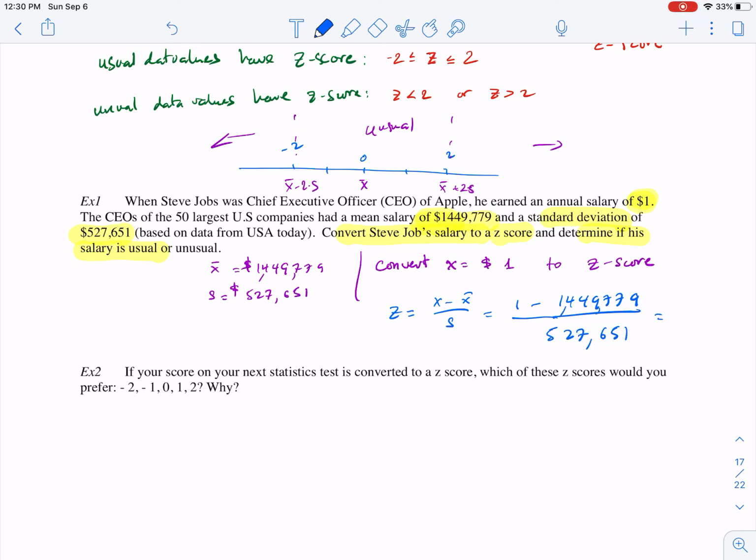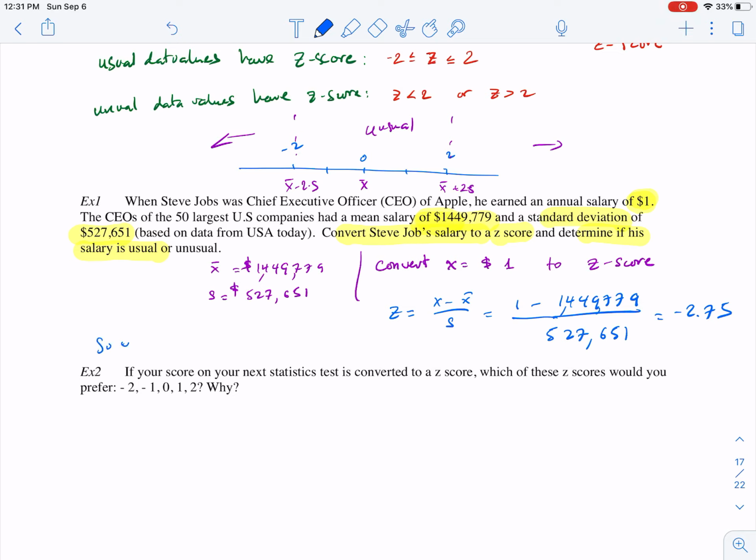Let's see what the Z-score is. So we get negative 1,449,778 divided by 527,651. All right, so that's negative 2.75.